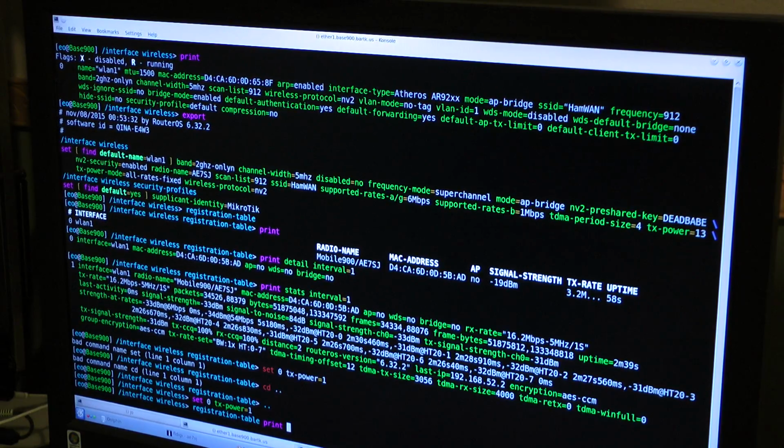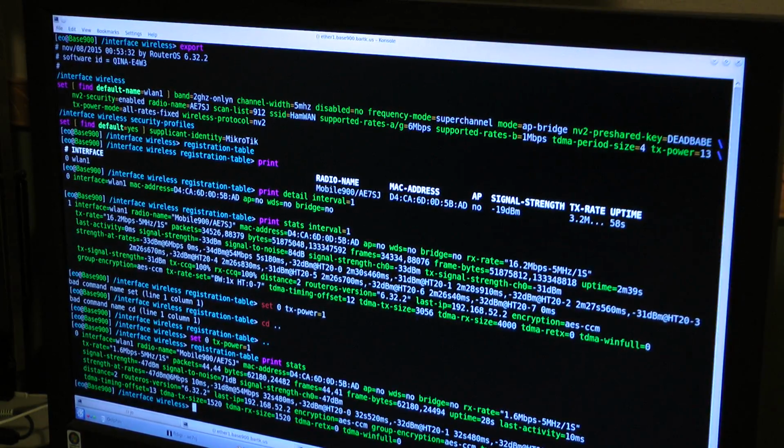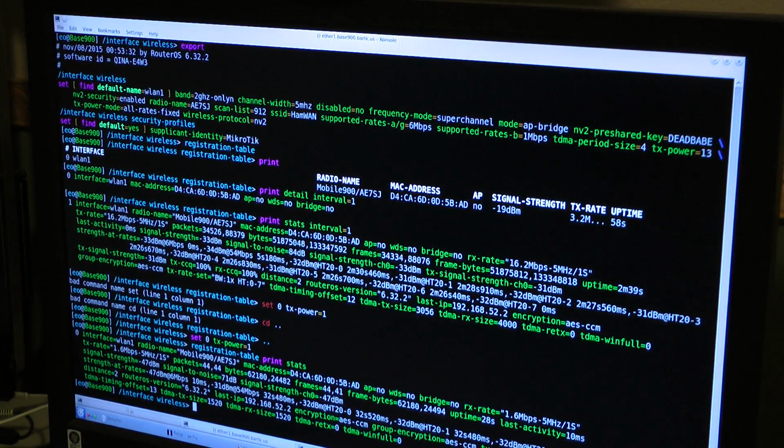Let's see what we got. Stats. Okay, so right now we've got a signal strength of minus 47 dBm, which is quite a bit lower than the 33 we're working with, but still really strong in terms of free space behavior.